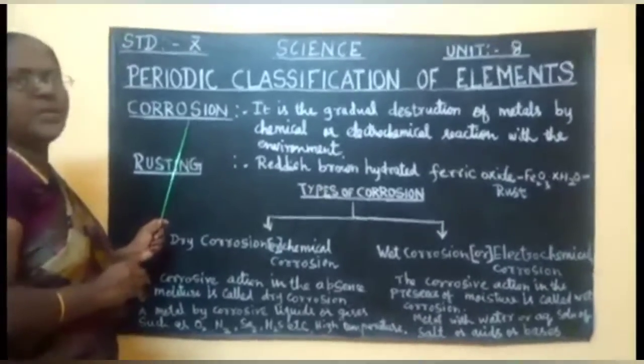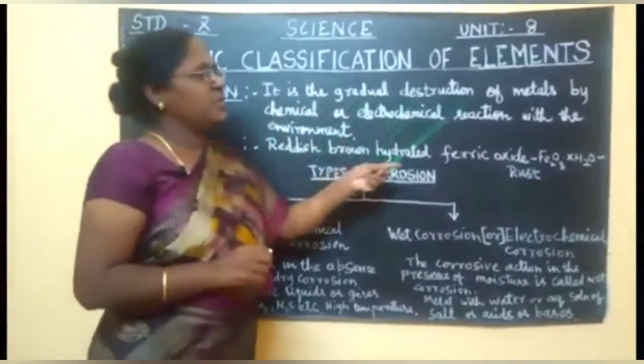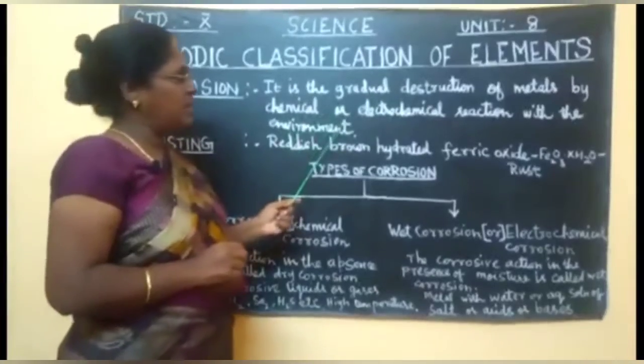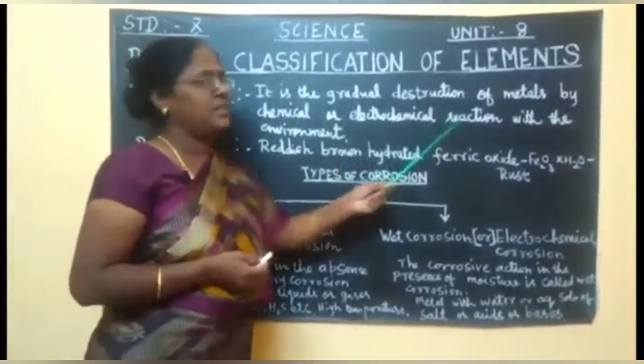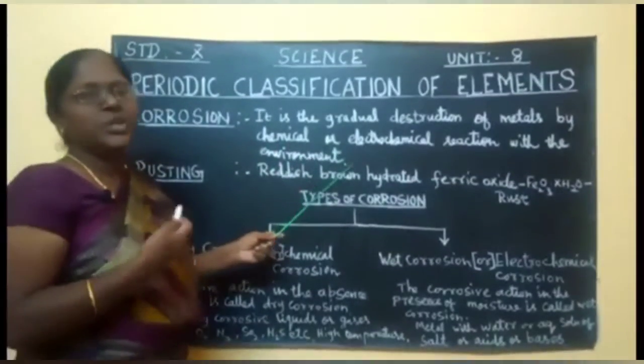Next one we will see about corrosion. It is a gradual destruction of metals by chemical or electrochemical reaction with the environment. It is a natural process.